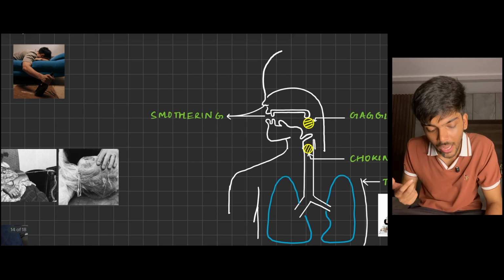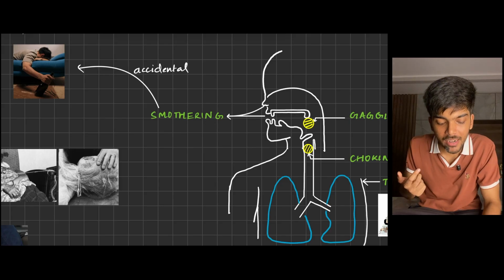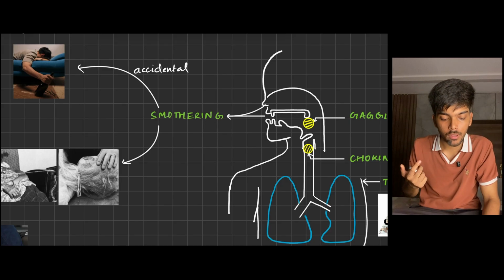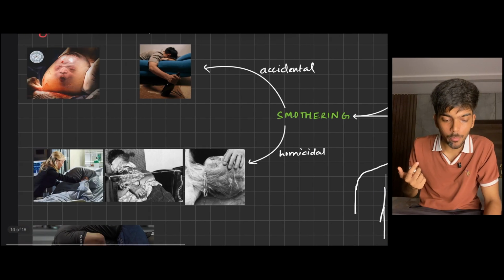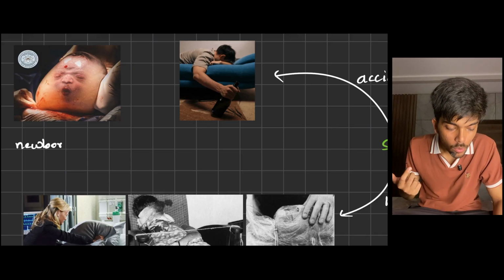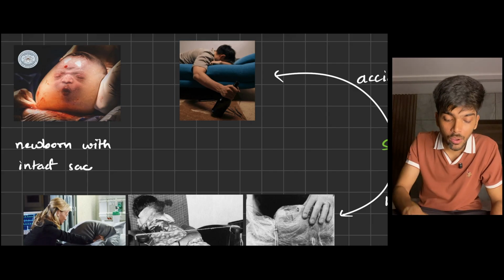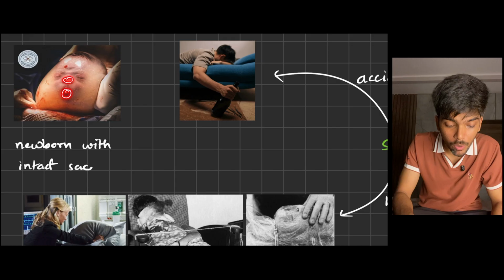First, smothering. Smothering is of two types. You can have accidental smothering and homicidal smothering. Accidental smothering. Example number 1. Newborn with intact sac. You can see that the newborn has an intact sac which is compressing over his nose and mouth.